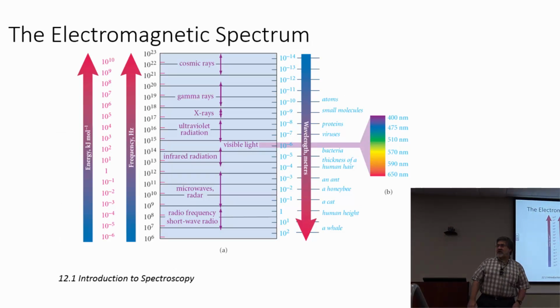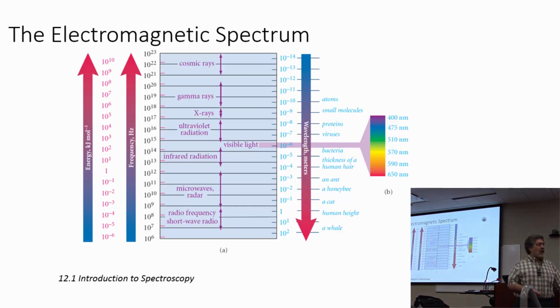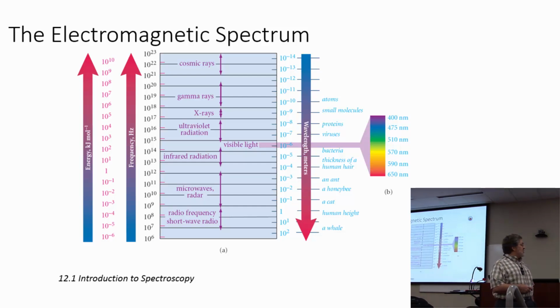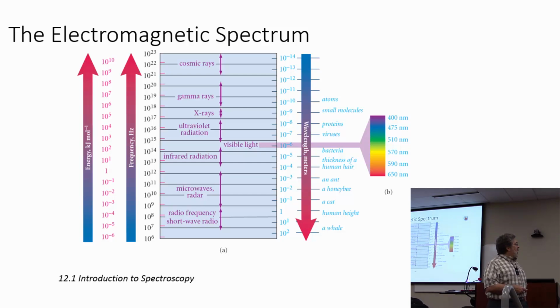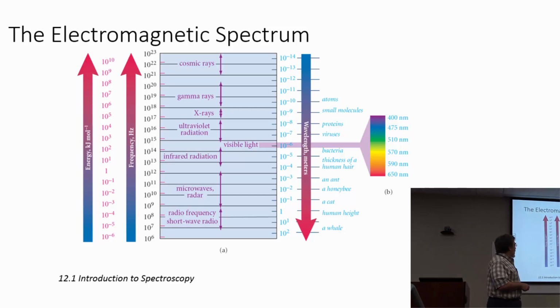This is a nice way to present some of this information as far as magnitude goes. It comes out of your textbook. I grabbed different graphics from different sources to try to get points across in this PowerPoint.